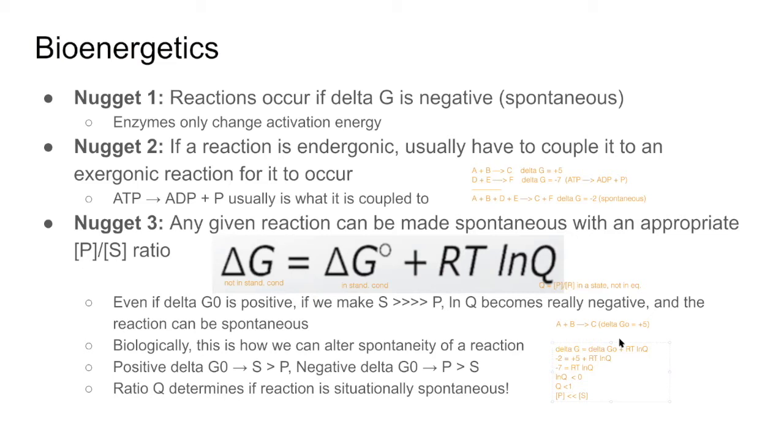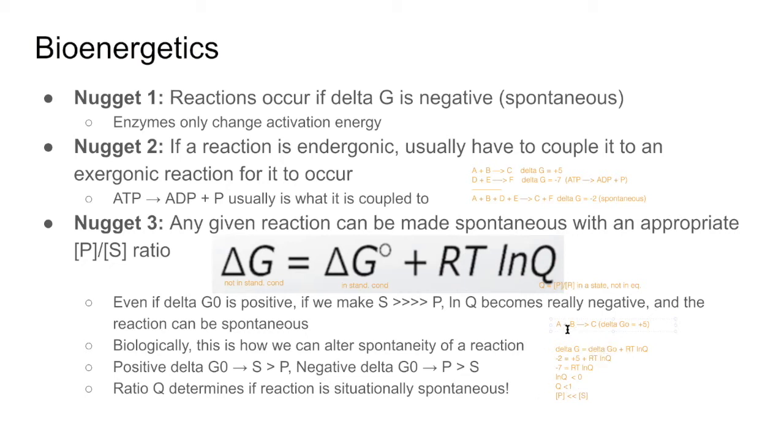So even though delta G naught tells us that A plus B becoming C is an endergonic process, if we have very little C compared to large amounts of A plus B, we can actually make the reaction happen because of this RT ln Q. So this is how concentration can affect the delta G of a reaction, regardless of this delta G0.